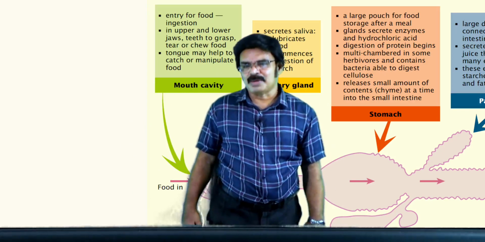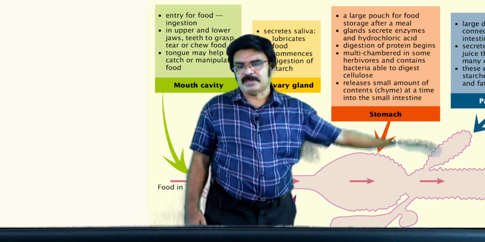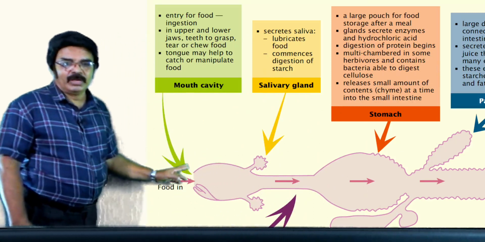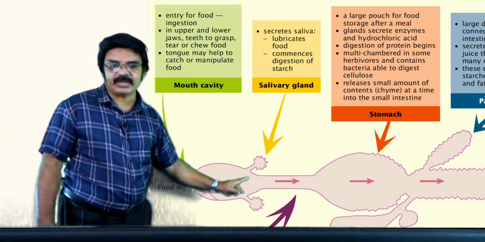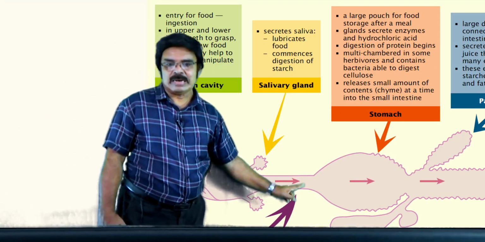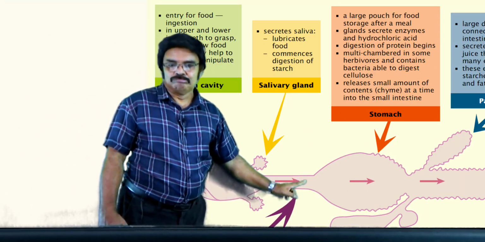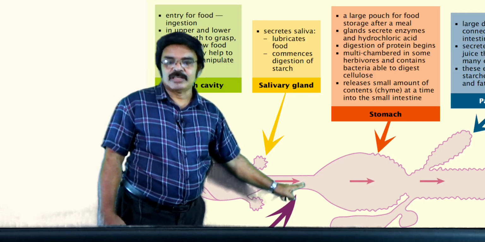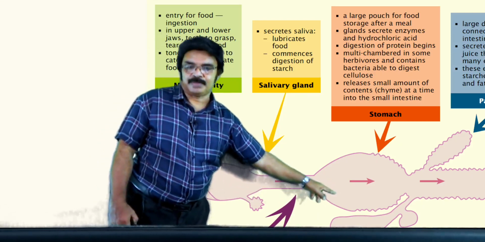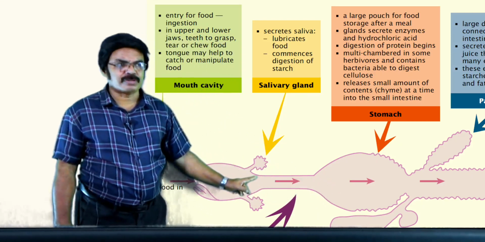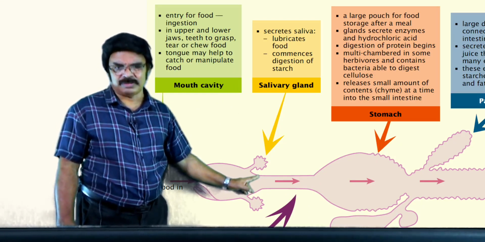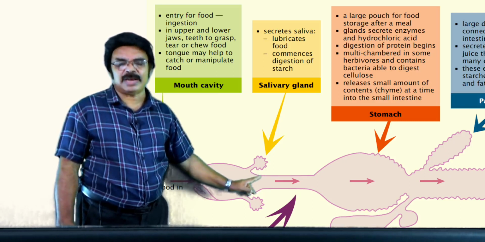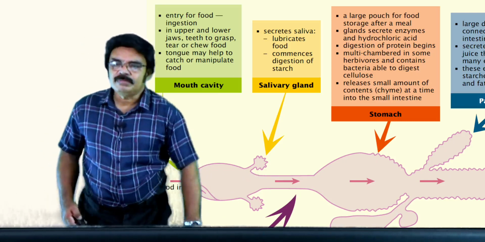That is the name given to that. That is the stomach. So now you know: buccal cavity, mouth, then pharynx, then esophagus, and then stomach. The pharynx does not have a digestive function. That must be the reason why it is not mentioned here.